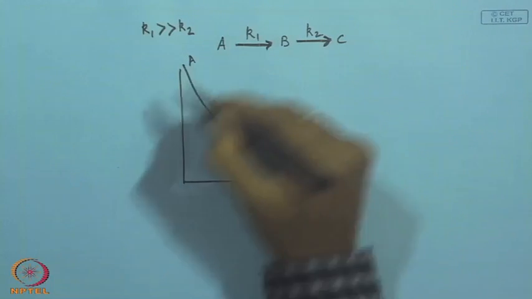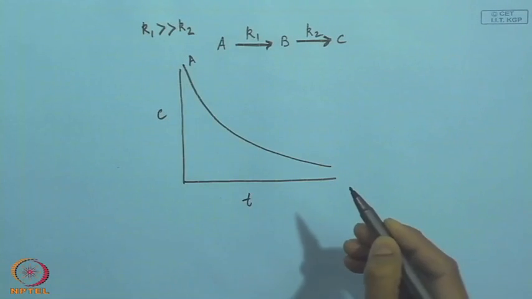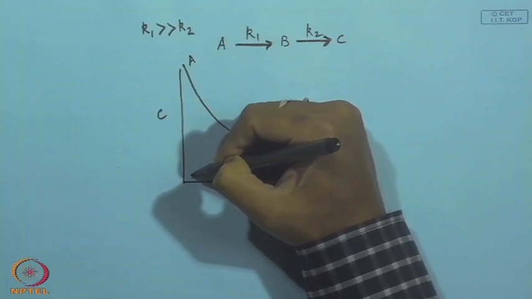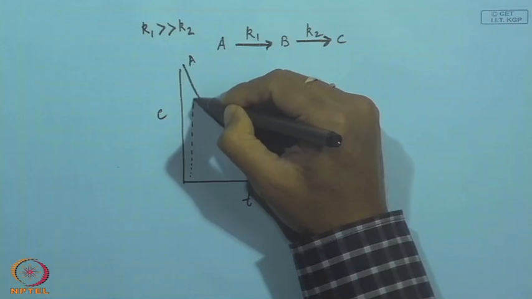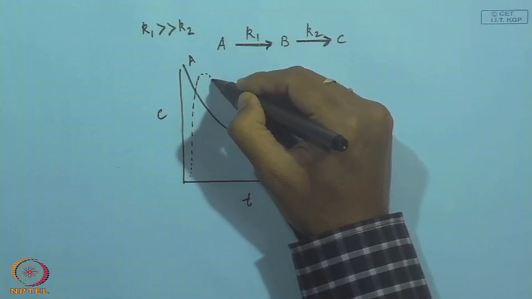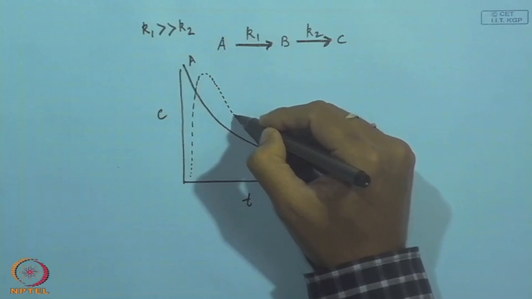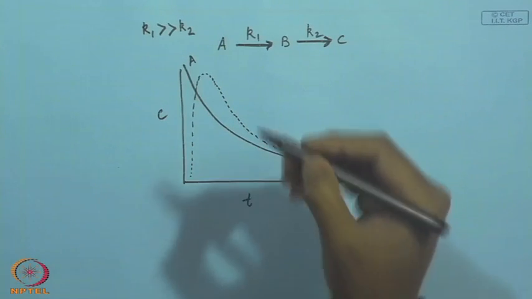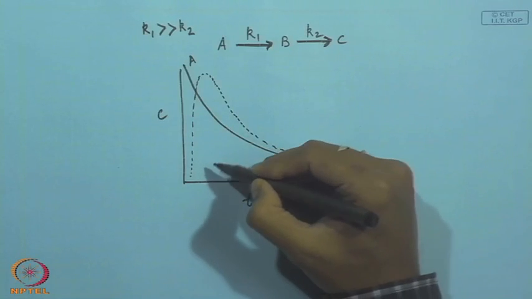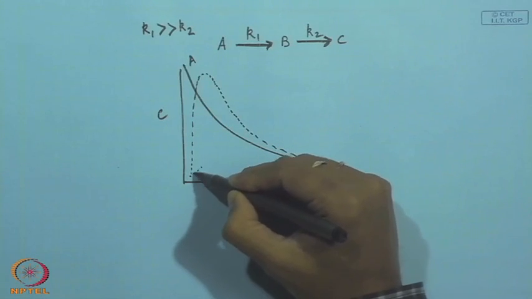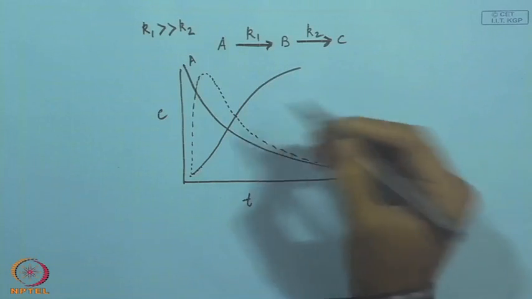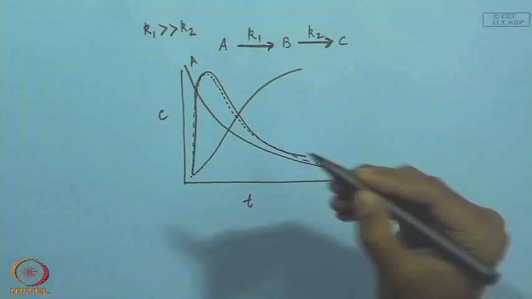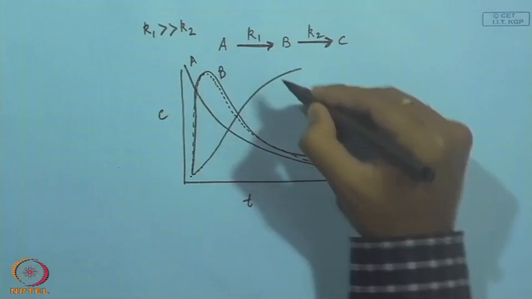So, A, this concentration versus time, and this maximum will be near this axis. Eventually, it will decay, and this one will be something like this. So, this is B and this is C.